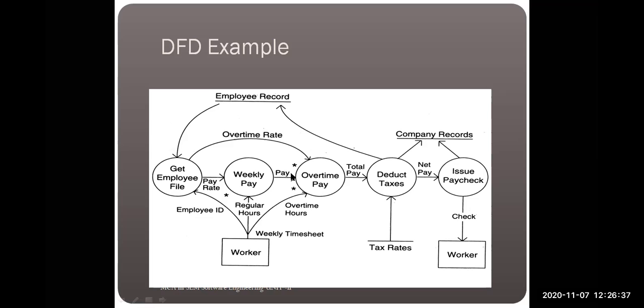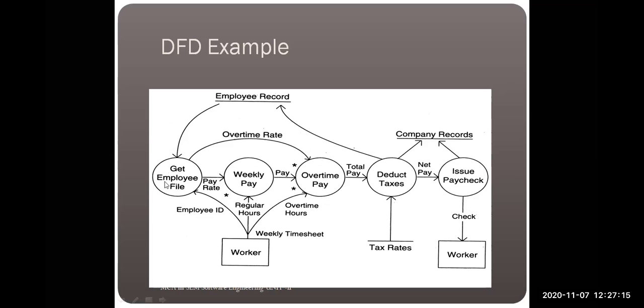AND operation, you know that in computer organization there are some bitwise operators, and AND operation will be done here. So the asterisk represents an AND operation: overtime hours, pay, and overtime rate. What is the rate for the overtime which has been given by a particular company to a particular worker. All this is given as input to the overtime pay process.